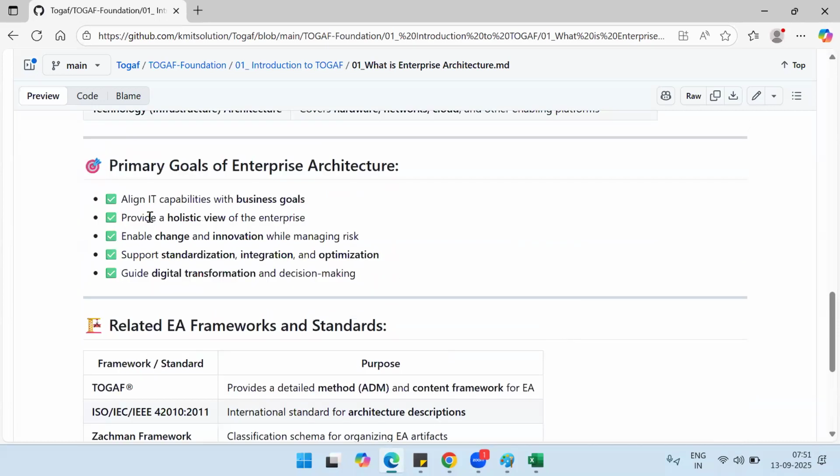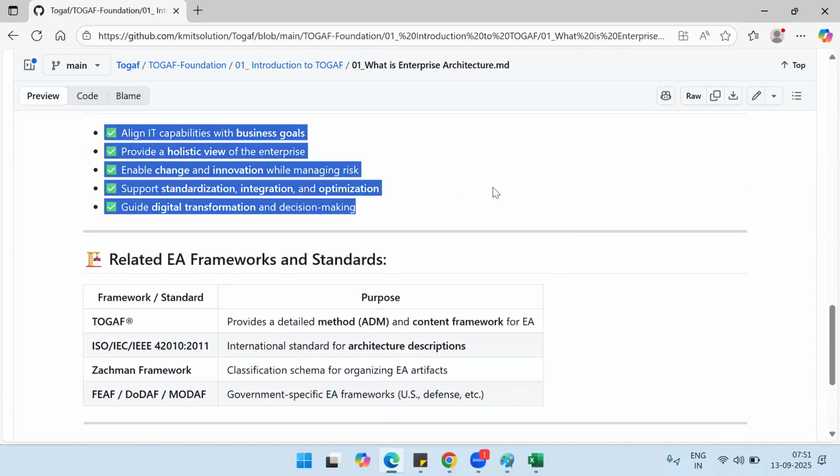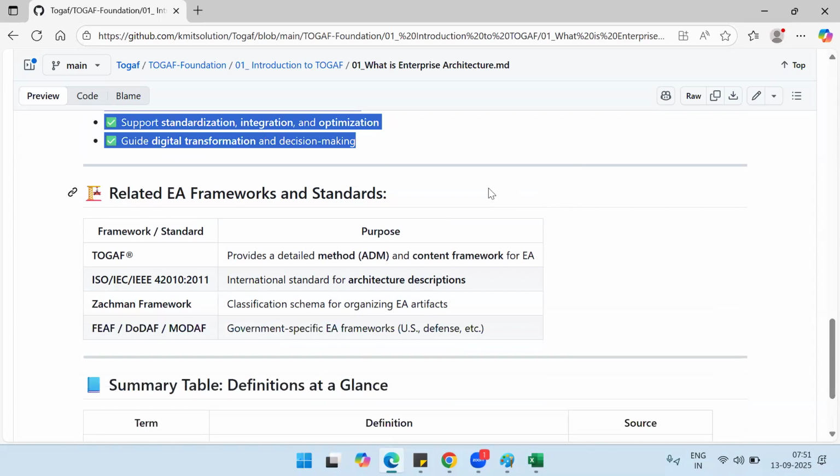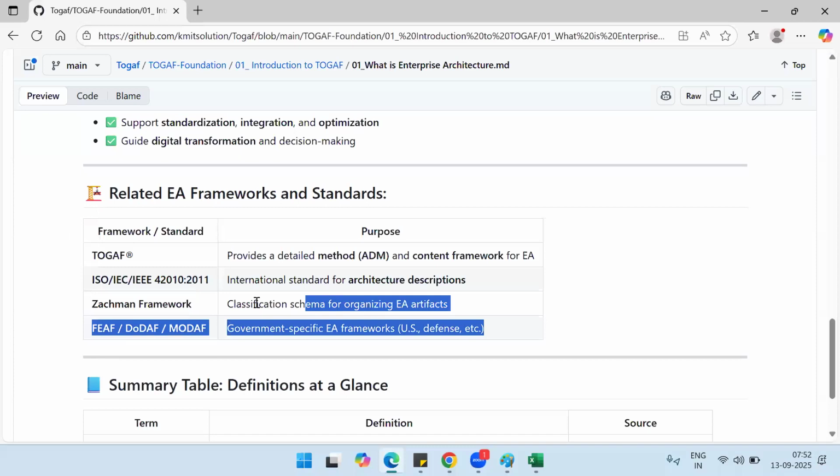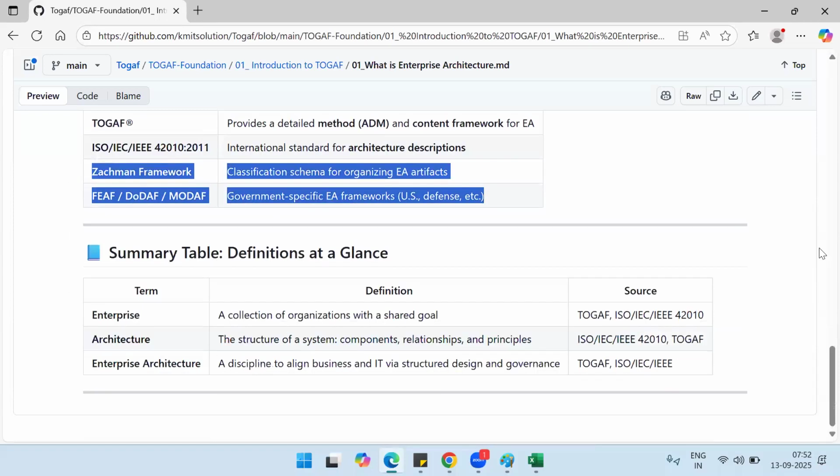Okay, so you can walk through this because we are discussing TOGAF, which follows the international standard of architecture descriptions. There are some other things you can do, like the Zachman framework, FEAF, and some other platforms, but these are mostly not as popular as TOGAF.